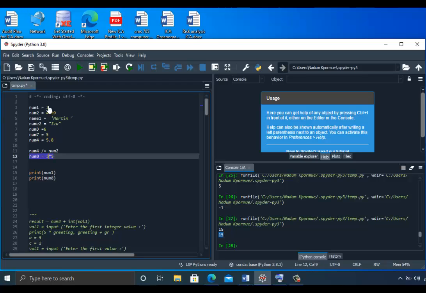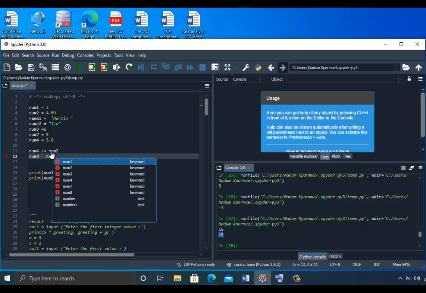We'll also do this, divide by num2, and we'll see that it's still the same result.